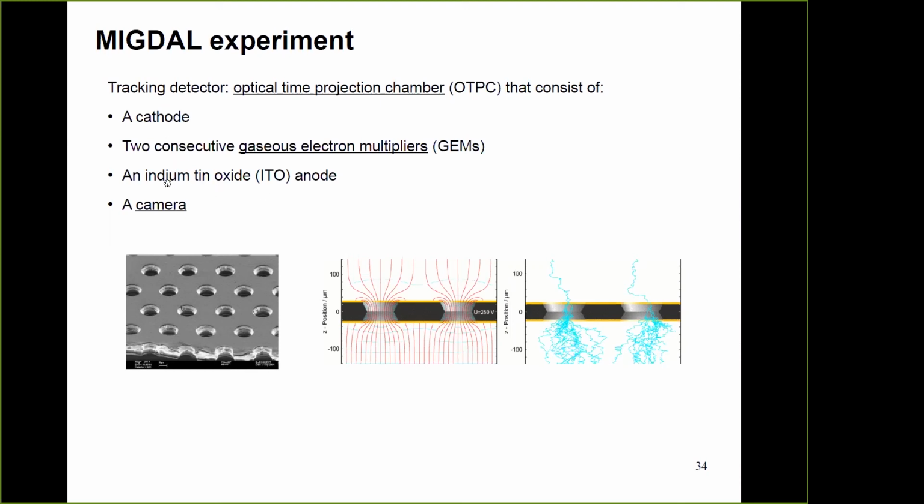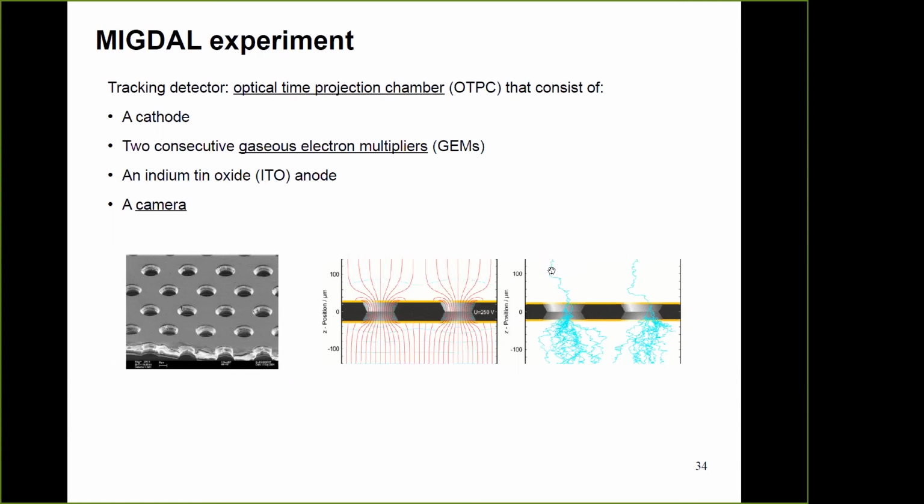and an indium tin oxide anode. I'm going to explain why this type of anode. Then between the cathode and the anode, there are two GEMs that provide amplification of the ionization. In case you are not familiar with GEMs, they are just thin foils with holes in them where electrons go from one side and then get accelerated and amplified at the holes, as is shown here.